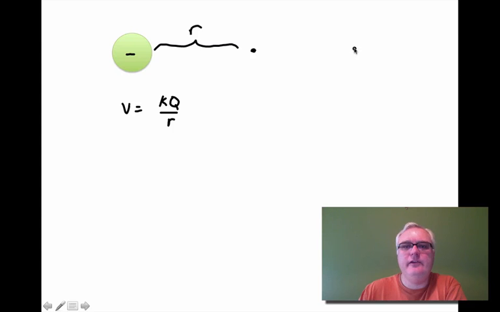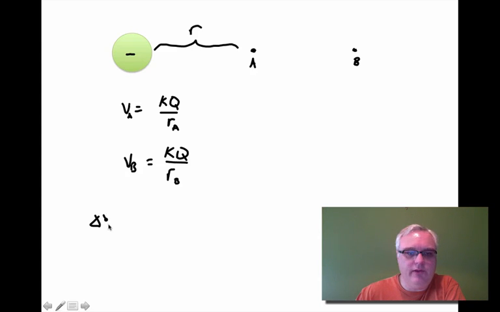And it would have a different potential if it was here. So let's call this A and this one B. So this is the potential at A when the charge is at A, and the potential at B would be the same amount but at position B.